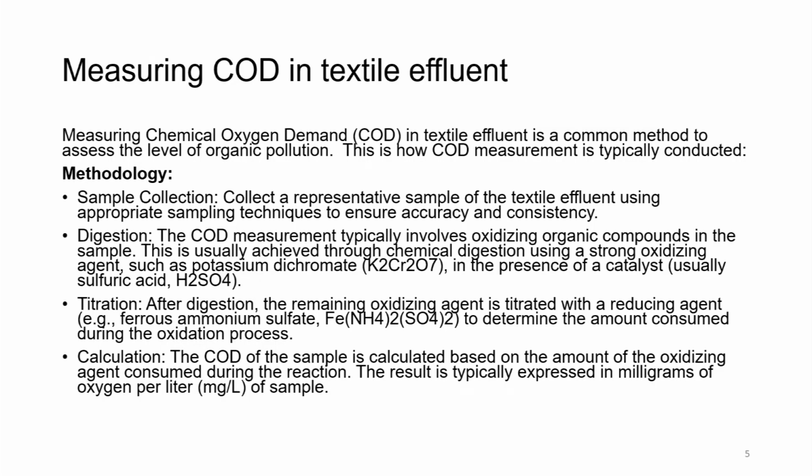After digestion, the remaining oxidizing agent is titrated with a reducing agent, ferrous ammonium sulfate, to determine the amount of oxidizing agent consumed during the oxidation process. Calculation. The COD of the sample is calculated based on the amount of oxidizing agent consumed during the reaction. The result is typically expressed in milligrams of oxygen per liter, milligram per liter of sample.